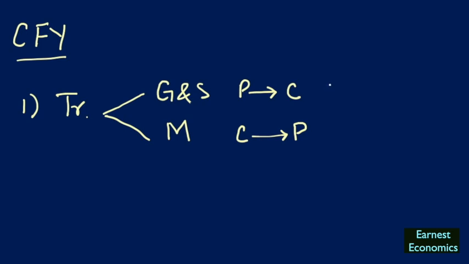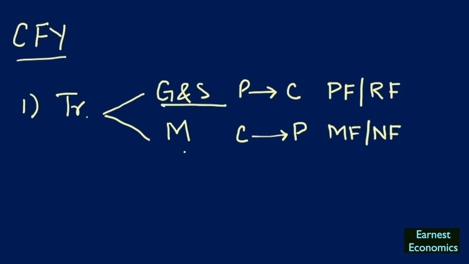One we call as product flow, or we call it real flow, and another we call as money flow or nominal flow. Okay, nominal flow. So you have involvement of goods and services on the one hand, you have money on the other hand.